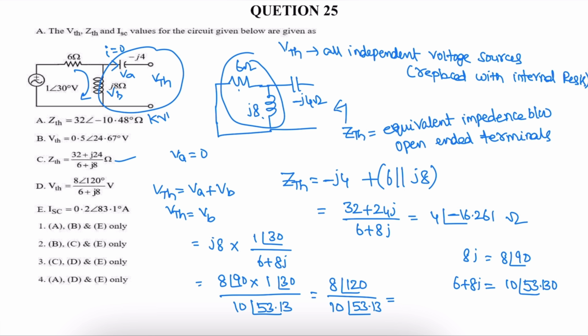So that is 0.8. Thevenin's voltage VTH is 0.8 at an angle of 66.8. So option D is correct.